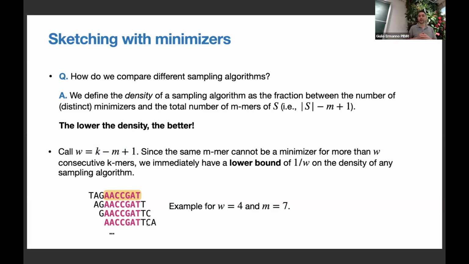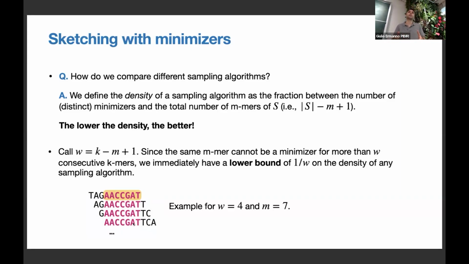This particular m-mer cannot repeat for more than k minus m plus 1 times, because the next k-mer, coming to the right of the last one, A, C, C, G, A, T, T, C, A, and then something more here to the right, will not have this substring.